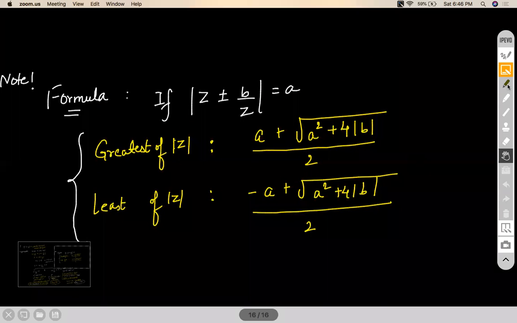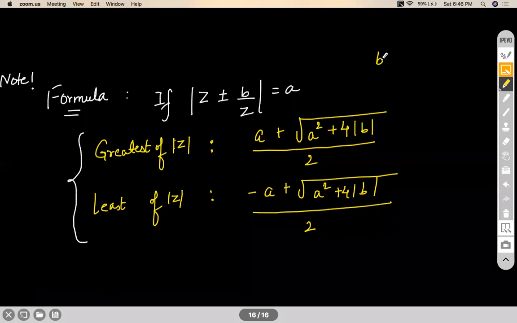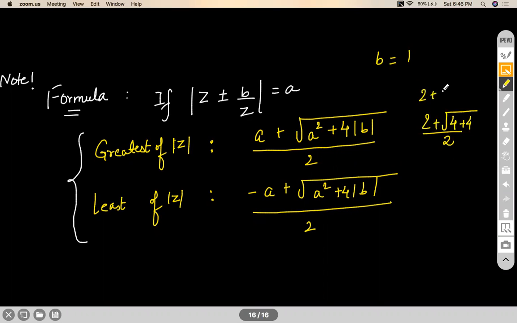So as per my given question, a was 2 and b was 1, I guess. So your greatest value would be 2 plus under root of a square, that is 4, plus 4, by 2, which is actually 2 plus 2 root 2 by 2, which is actually root 2 plus 1.